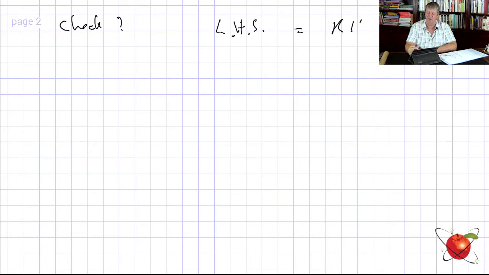Just before we move on, what if they said to us, and check? Essentially what it means is check your answer. In any equation you've got the left-hand side and the right-hand side. You have solved for x to make sure that it's equal.